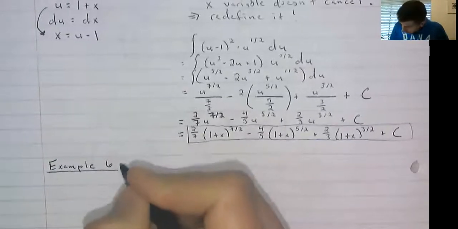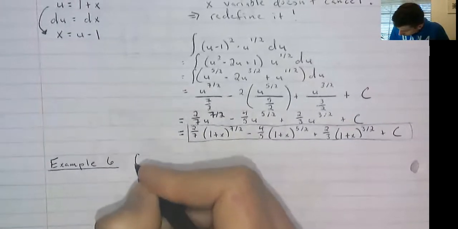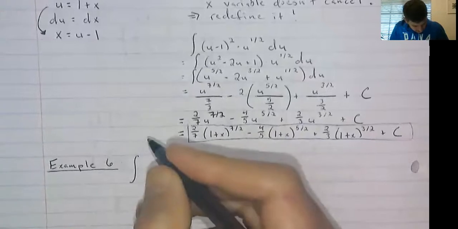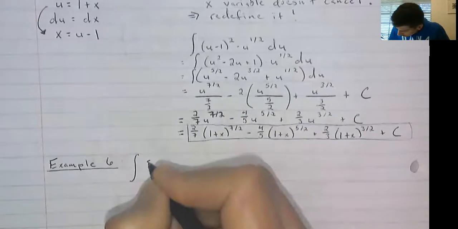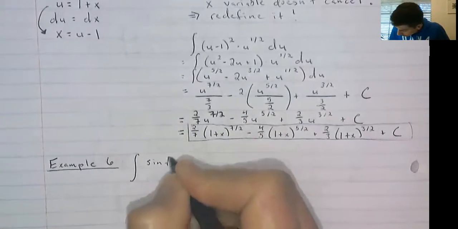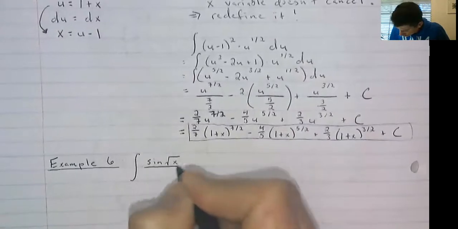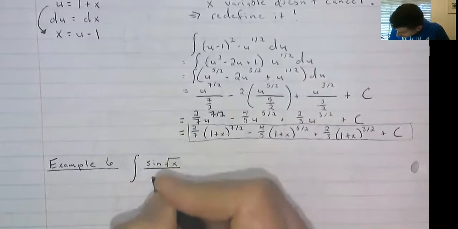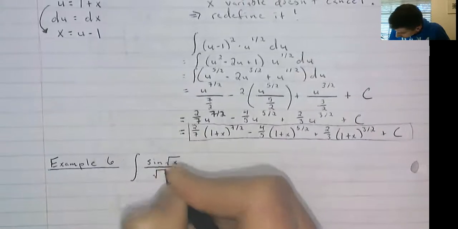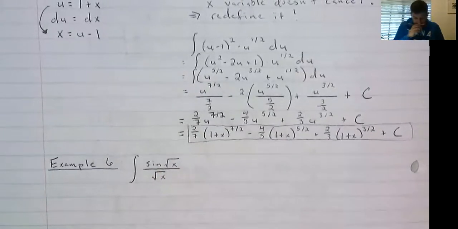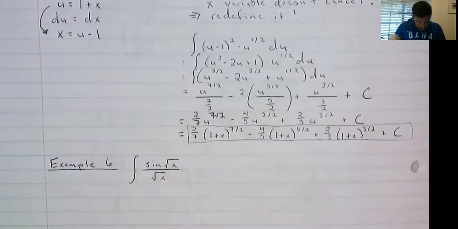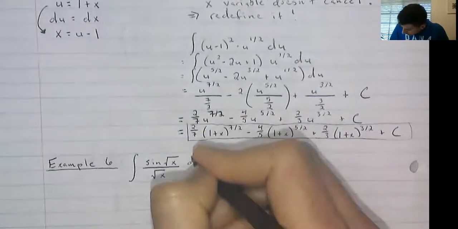So for example 6, we are looking at the integral of sine of the square root of x divided by the square root of x dx.